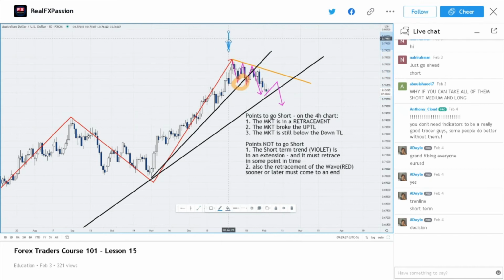If you didn't watch all the lessons, go on my profile or click the link on my profile, and you are going to find the previous lessons. We talked about that the best entries are end of retracements. So if the best entry is the end of the retracement, are we entering at the good place from the daily standpoint, everybody?